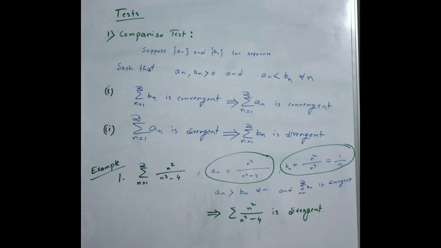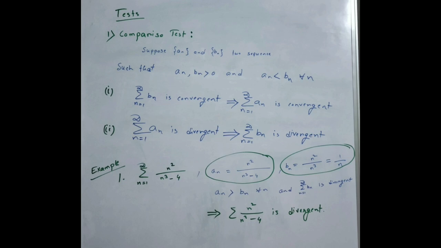Now b_n is a harmonic series, so this is a divergent series. Or we can compare with the p series, 1 by n to the power p, where here p is 1, so this is a divergent series.